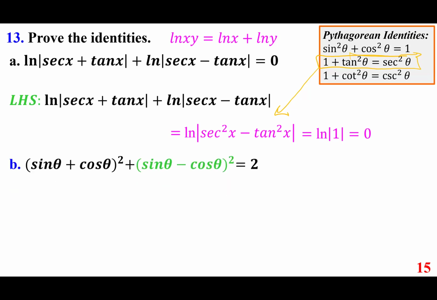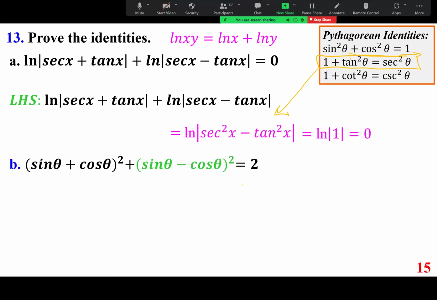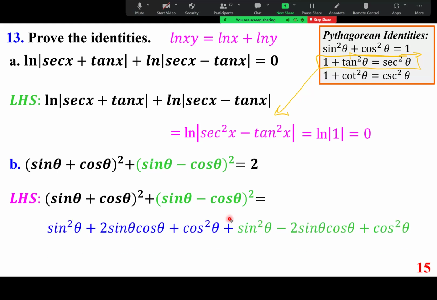Sine theta plus cosine theta quantity squared plus sine theta minus cosine theta quantity squared equals 2. Obviously, we start with the more complicated side, the left-hand side. So you get sine squared plus 2 sine theta cosine theta plus cosine squared here. Over here, you get sine squared minus 2 sine theta cosine theta plus cosine squared theta. That's what we get.